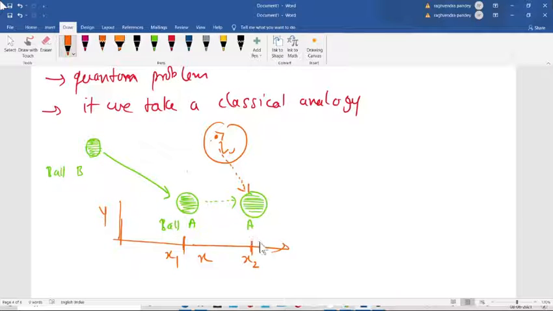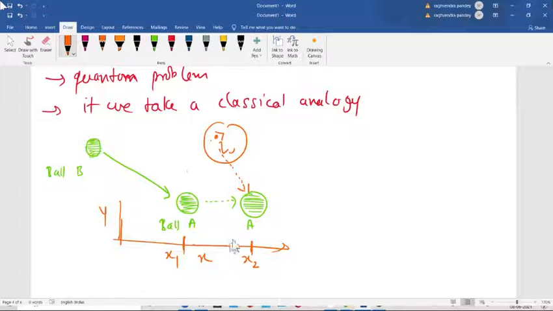Did you understand that one? So the observer is observing ball A at the x2 position, but its original position was x1. The problem is that you cannot see ball A until and unless ball B strikes, and when ball B strikes ball A, it will change its position.